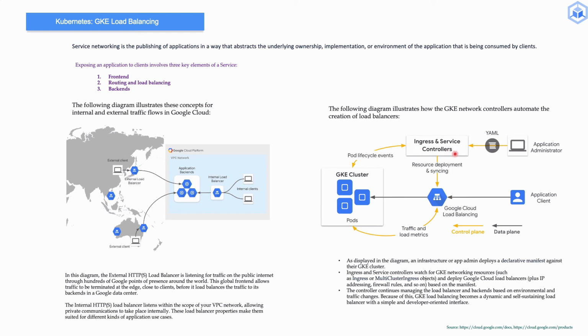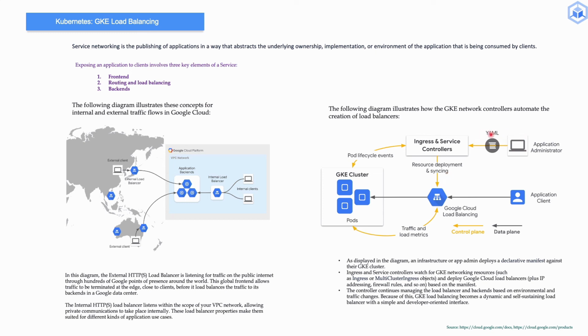Then the ingress and the service controller watch for GKE networking resources, such as ingress or multi-cluster ingress objects, and deploy Google Cloud load balancing, plus the IP addressing, firewall rules, and so on, based on the manifest.